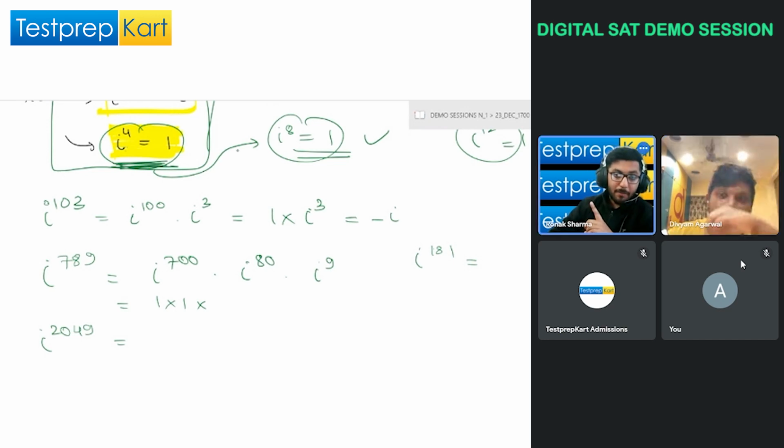Again, go with the table of 4. Iota power 789 is 1 into iota power 9, so it is iota. You can write it as iota power 8 into iota. Iota power 8 will be only 1, so simple, iota only.